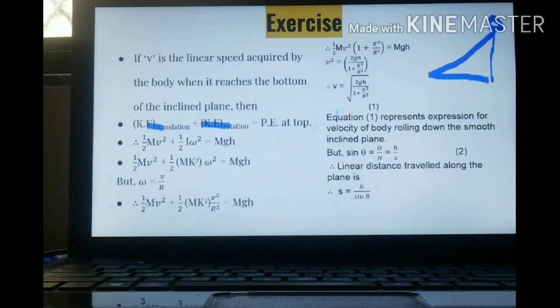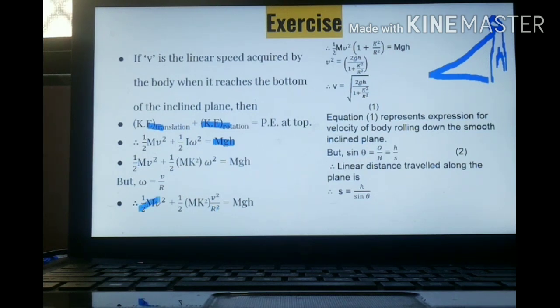Potential energy is denoted as mgh, where m is the mass of this object, g is the acceleration due to gravity, and h is the raised height from the ground. Kinetic energy of translation is half mv square. Kinetic energy of rotation is half I omega square, where I is mk square and omega square can be represented as v square upon r square.